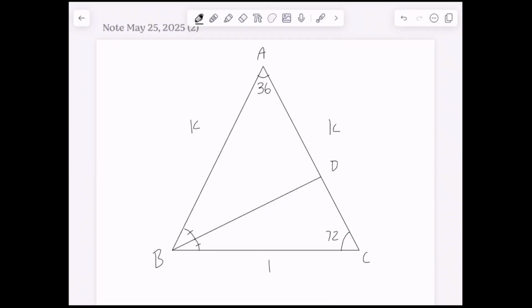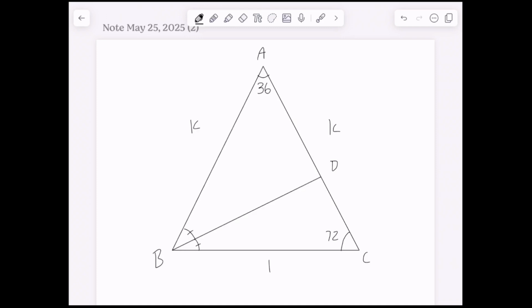But we can also see this in mathematics, in this example. We're given an isosceles triangle ABC, where AB equals AC, which equals K. Angle BAC equals 36. And since ABC is an isosceles triangle, we can say that angle ABC equals angle ACB, which means they both equal 72 degrees.